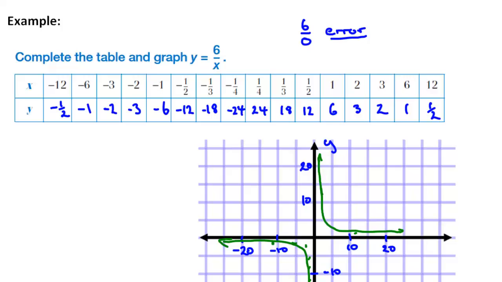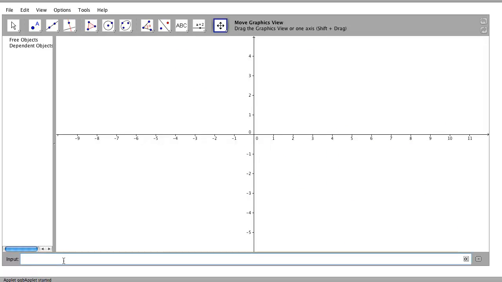Now I'm just going to pause the tape, and I'm going to open up a program, one that you've been using, GeoGebra, and we're going to actually plot y is equal to 6 over x, so you can actually see what it looks like. We're going to type in at the input value the equation y is equal to 6 over x, so 6 at the top, that's your constant, so there's your reciprocal relationship, and when we press enter, it should work.